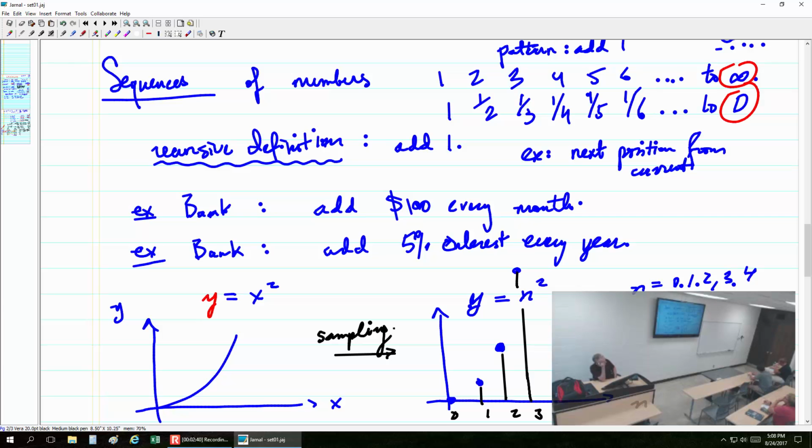Literally, what you do with any kind of process or quantity that changes with time, or just changes with a variable x, is sample it by taking not all the values, but values at regular intervals.